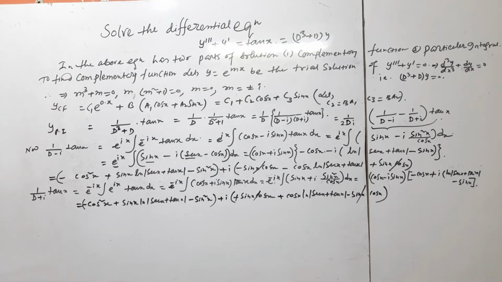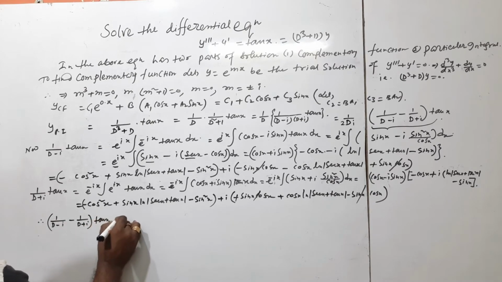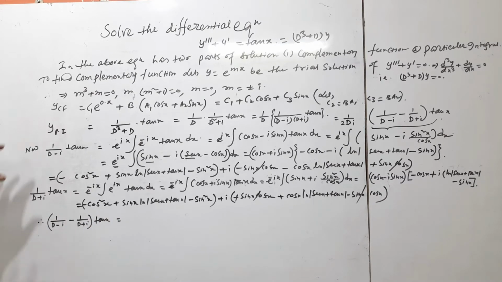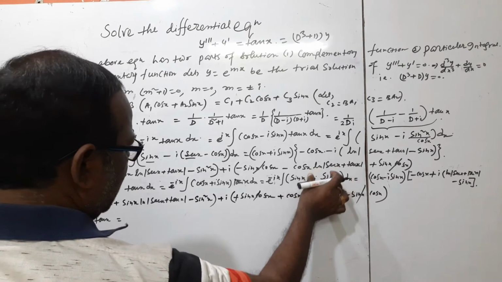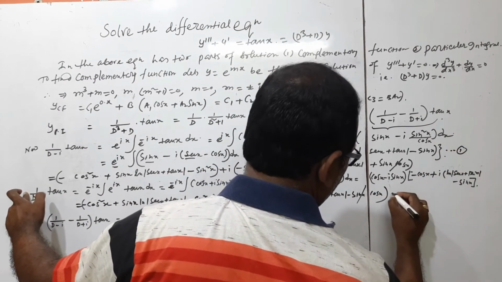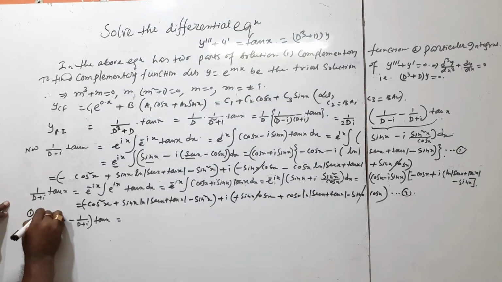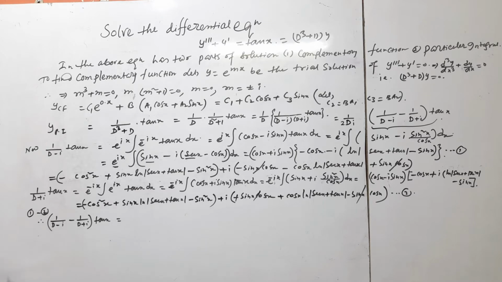Now I want to get the solution of this part, therefore 1 over d minus i minus 1 over d plus i into tan x, and that is equal to doing this minus this. Actually this result is here 1, this is 2, doing 1 minus 2.